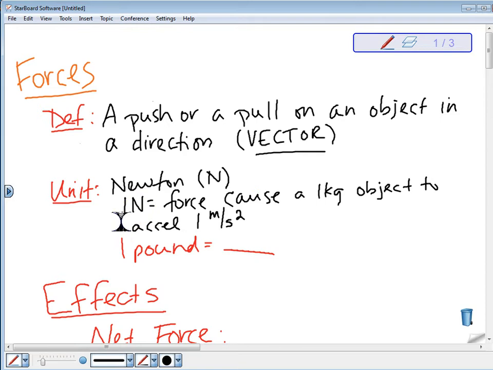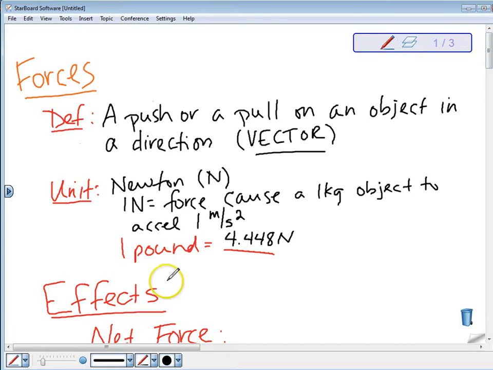That's how a Newton is defined. 1 Newton is the amount of force you have to apply to get a 1 kilogram object to accelerate by 1 meter per second squared. 1 pound is approximately 4.448 newtons. So it's just a little less than 4.5 newtons to a pound.